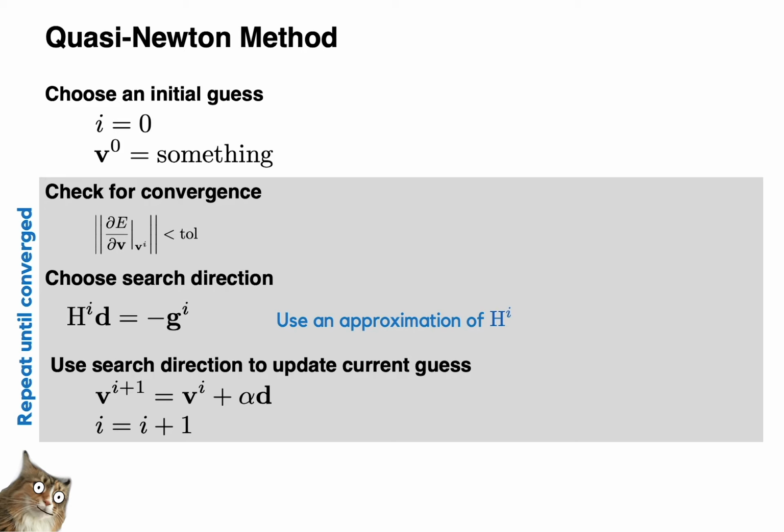Under a certain set of restrictions, the most important of which is that our approximate Hessian should be symmetric positive definite, we can show that the computed search direction will still be a descent direction. It won't be the true Newton search direction, but it will still be pretty good.